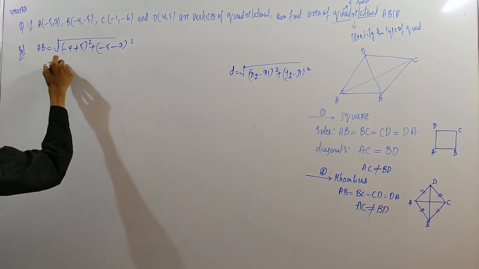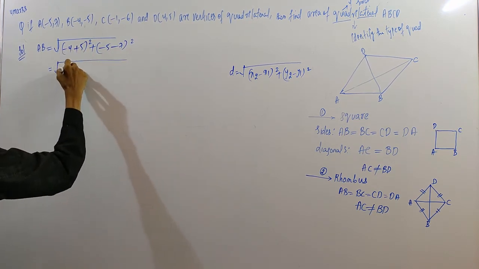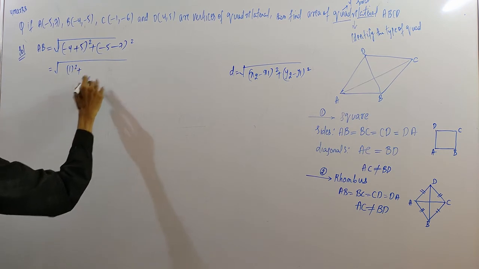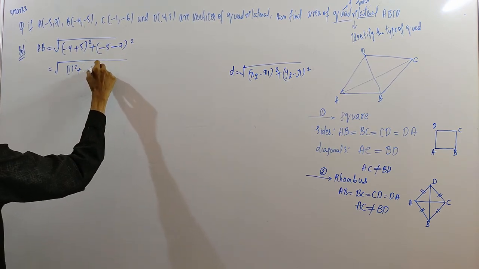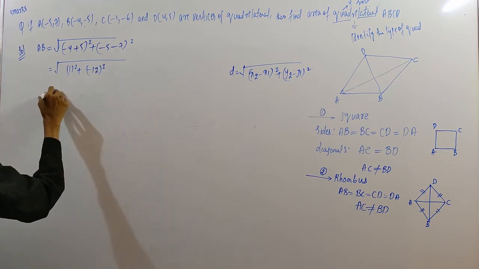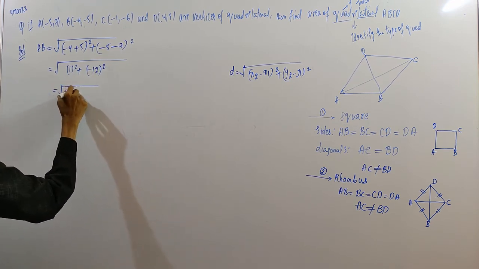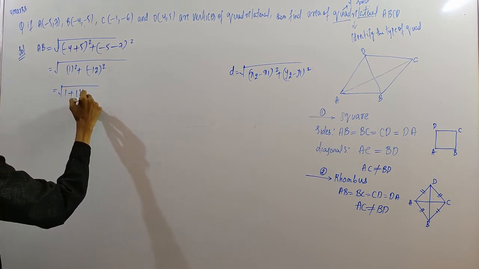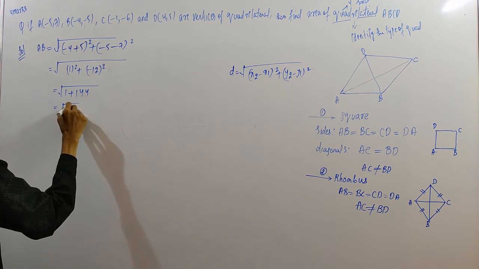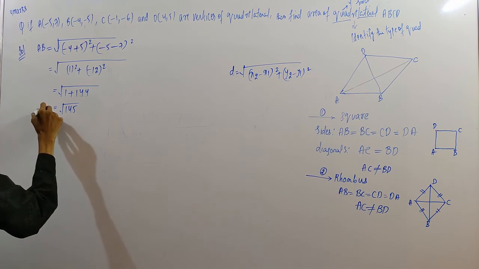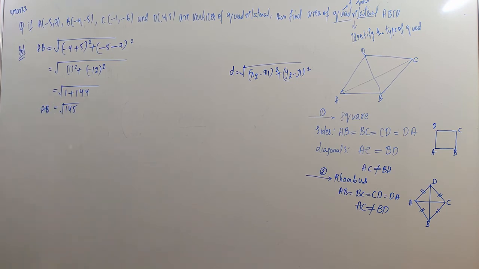We have square root. 5 minus 4 we have 1 square, minus 5 minus 7 we have minus 12 square. 1 square value is 1, 12 square is 144. So we will get root 145. So we will get AB as root 145.